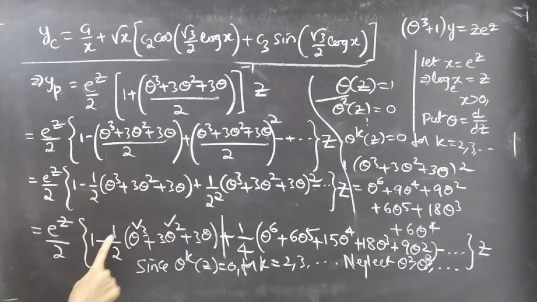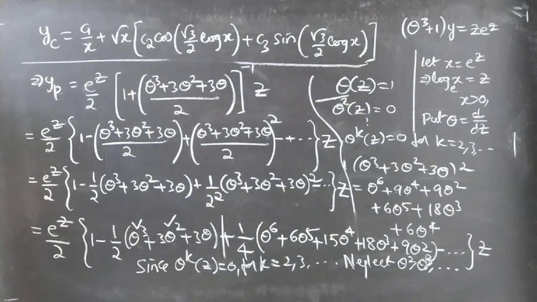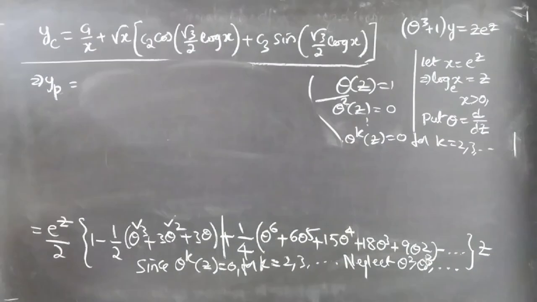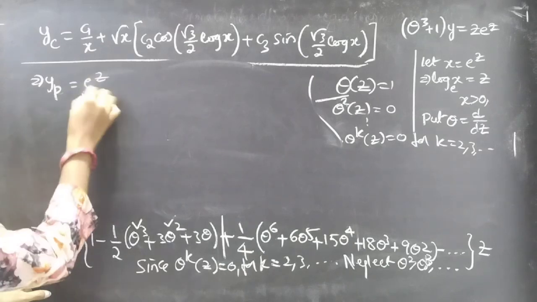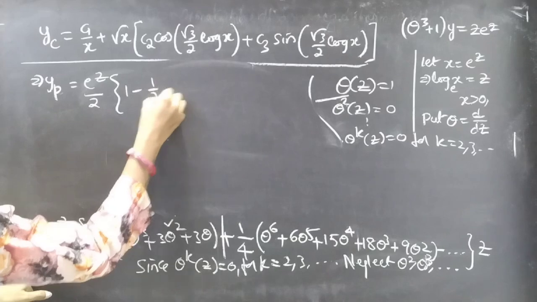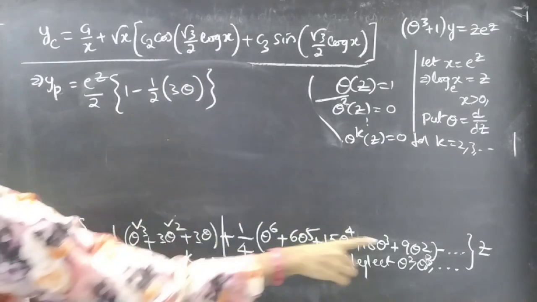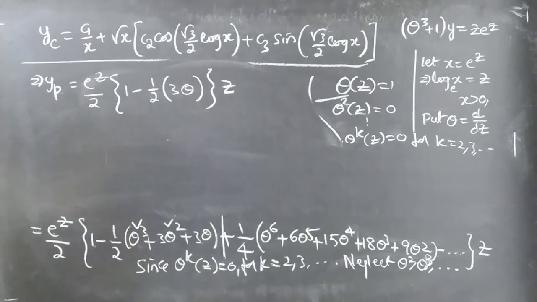Then we will get 1 minus 1 by 2 into 3 theta into this z. This becomes e power z by 2 into 1 minus 1 by 2 into 3 theta into z.